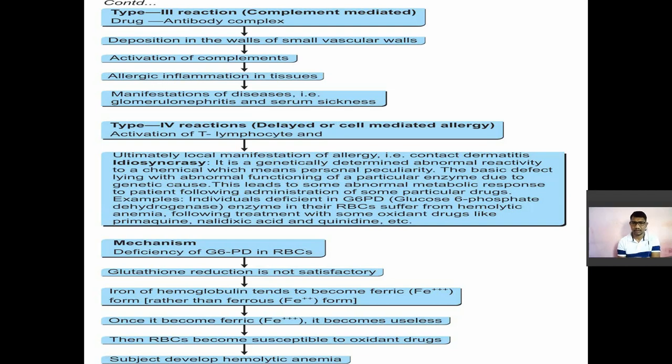That's why type 4 allergic reactions are known as idiosyncratic reactions. It is a genetically determined abnormal reactivity to a chemical, which means the basic defect lies in the abnormal functioning of a particular enzyme in the patient following the administration of some particular drugs.